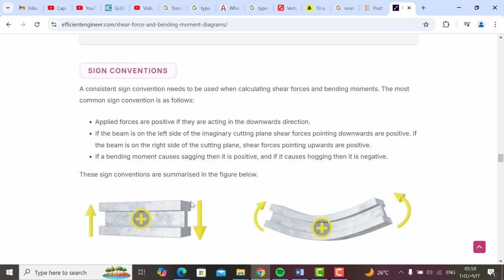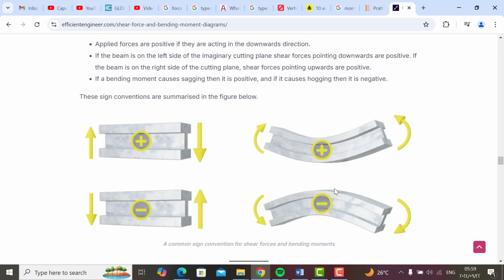If we have the force up on the left and down on the right, the rotation will be anti-clockwise. If we reverse the direction of forces, the rotation will be clockwise on the left and anti-clockwise on the right.